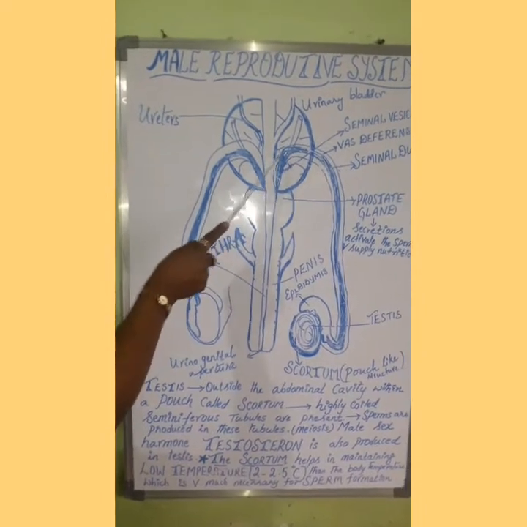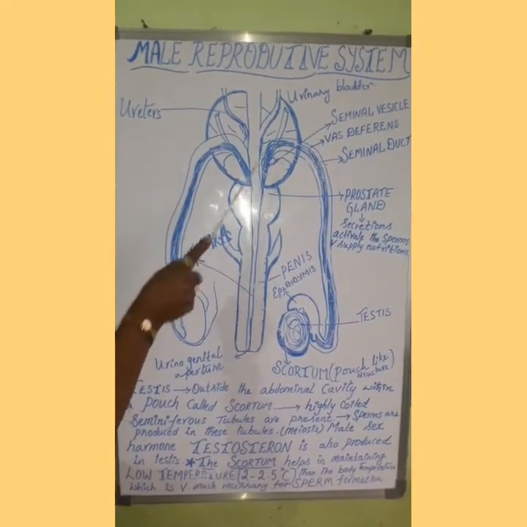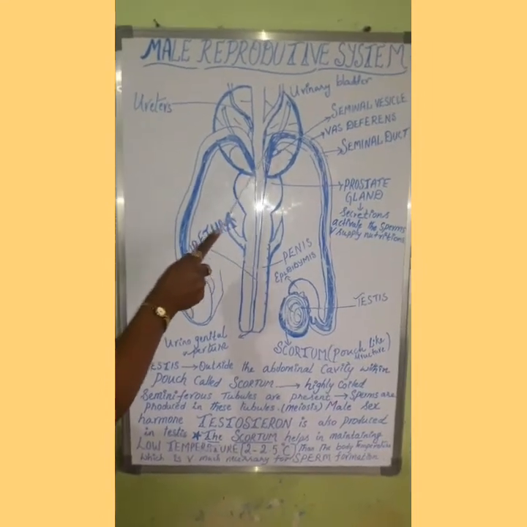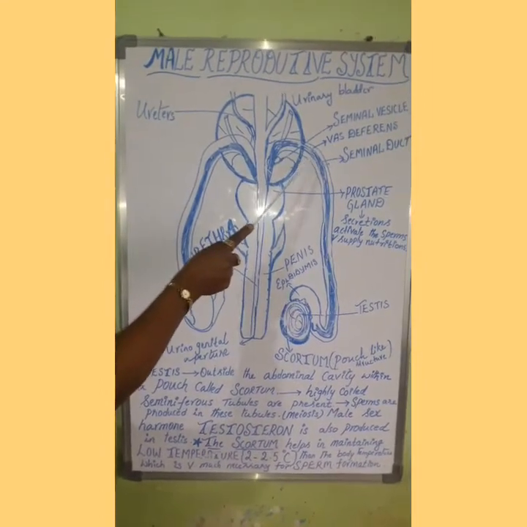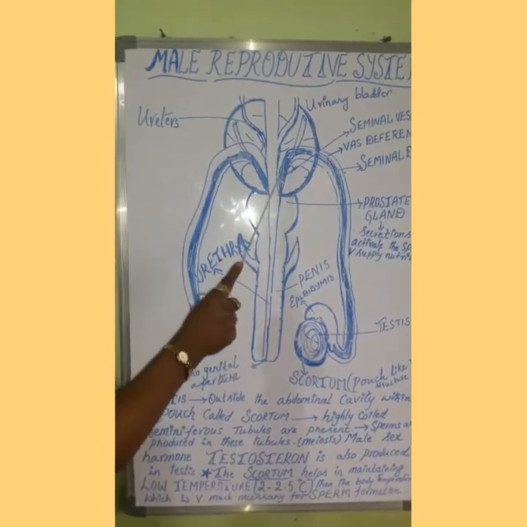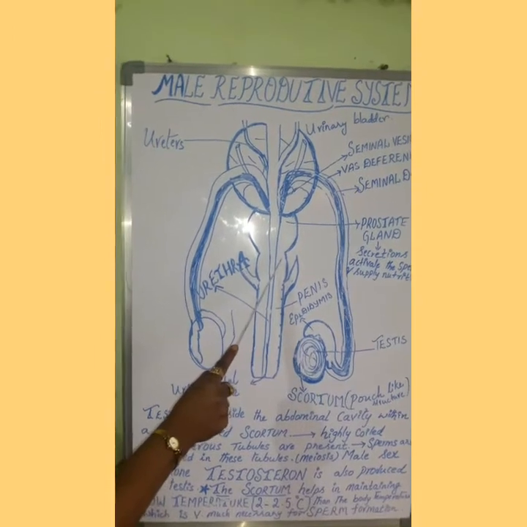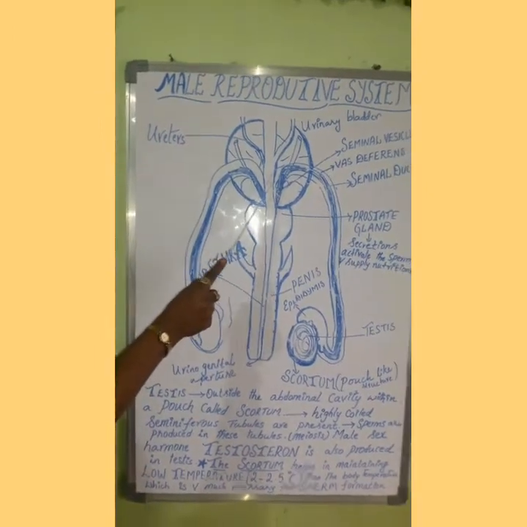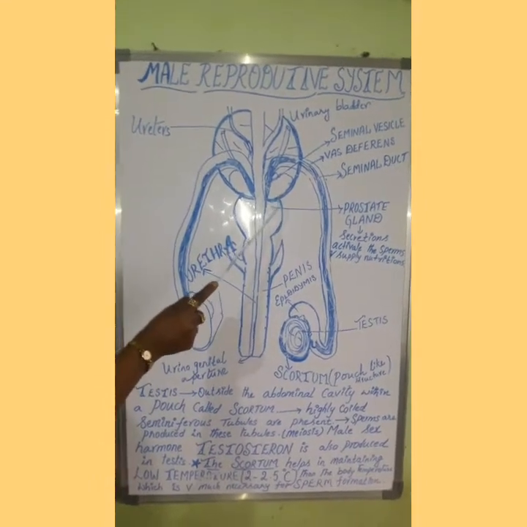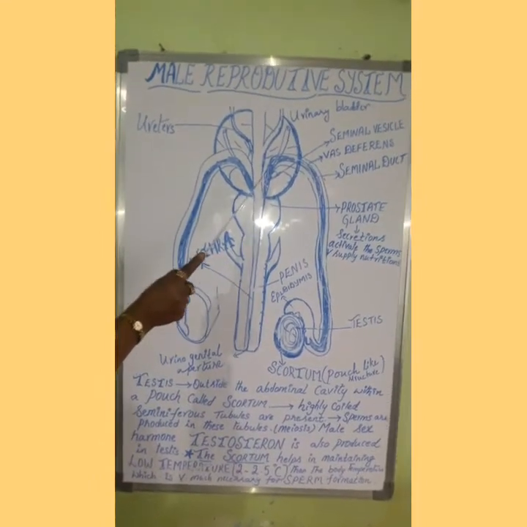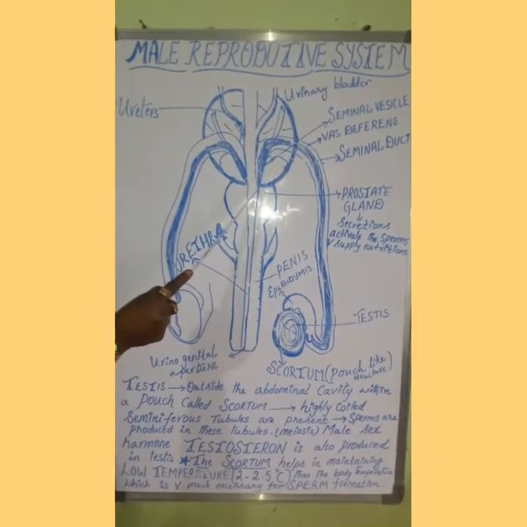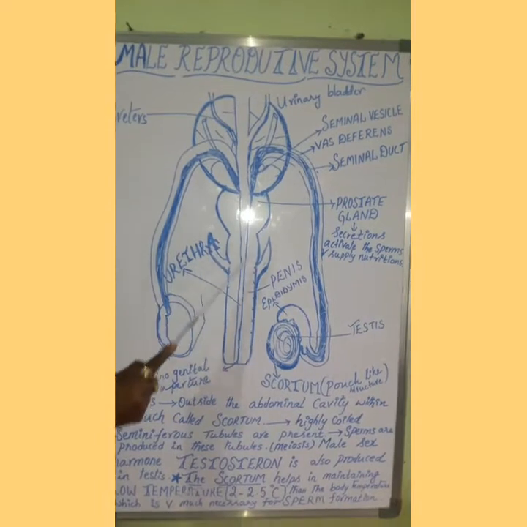There are two ejaculatory ducts which join at the center of the prostate gland and open into the urethra.